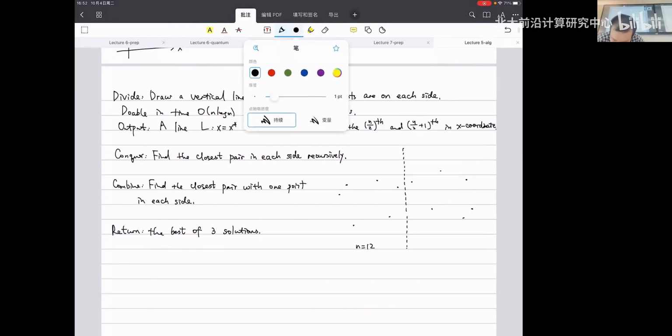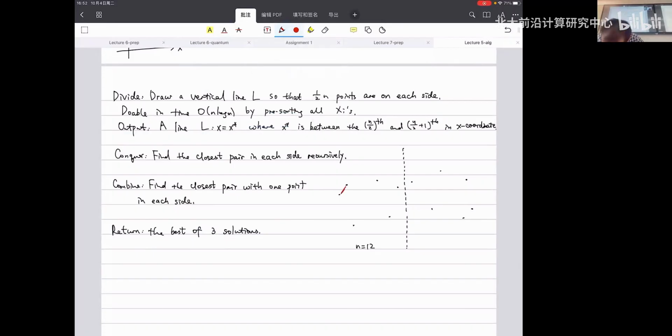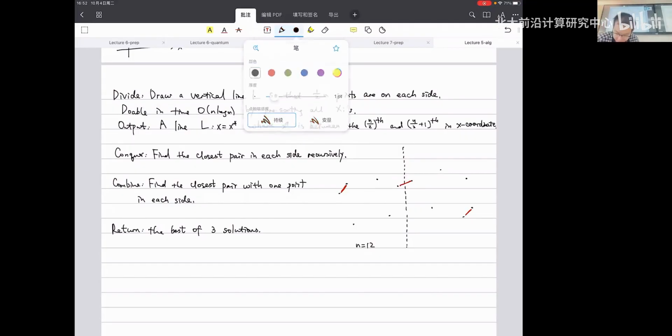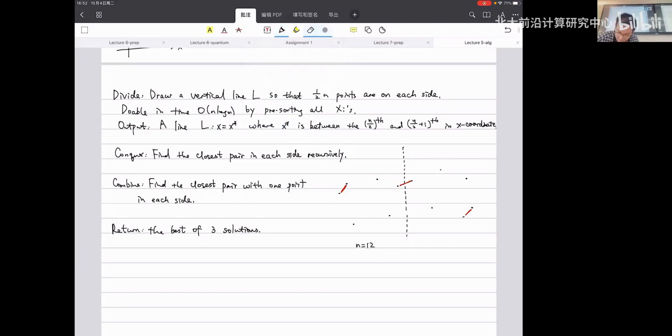If you run this divide and conquer idea, for the left-hand side you can clearly see this is the closest pair, and for the right-hand side, this is the closest pair. And for the merge between left and right, probably this is the closest pair. What you need to return is the best of the three solutions, and you need to check which is the smallest one. This is the L here. So is this clear to you? Basically, this is the description of the divide and conquer idea.